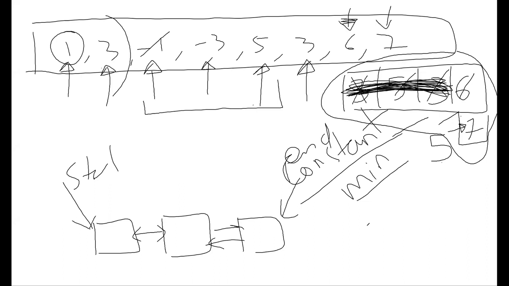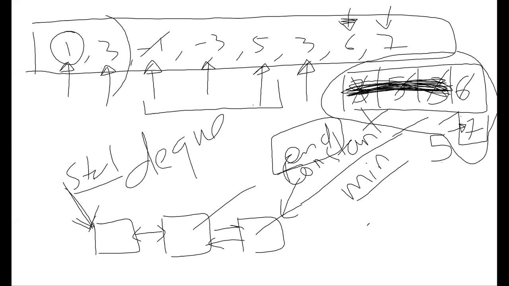All the removals of expired elements are done from the start, additions use the end pointer, and removal of worse elements is also from the end. There are a couple of classes in Java, like Deque, which give you an array-like interface, but internally it has this doubly linked list implemented.